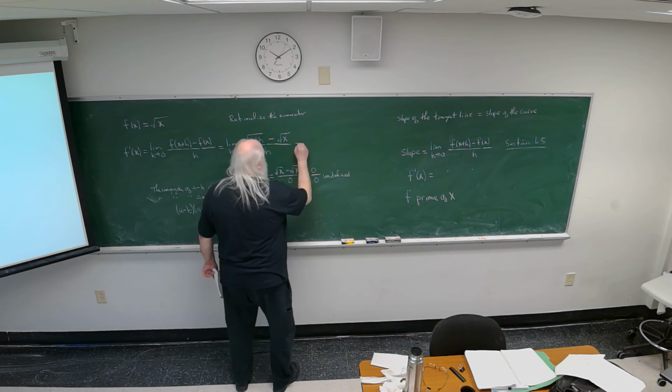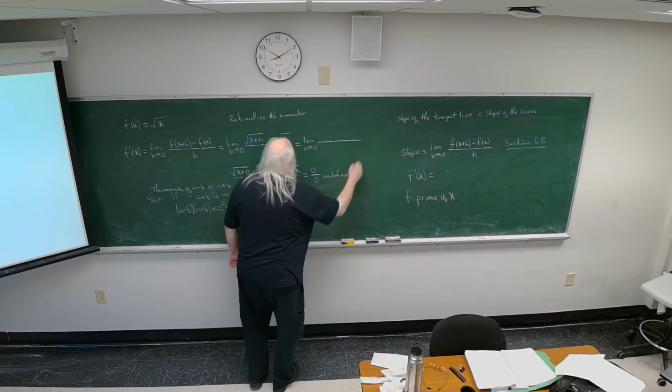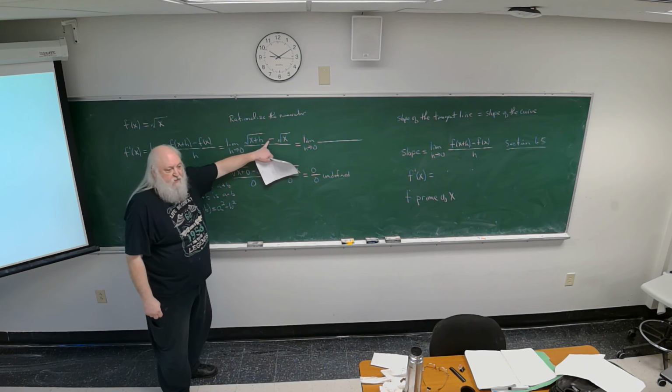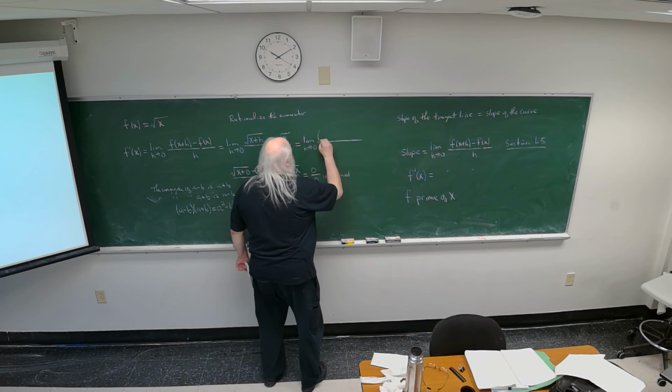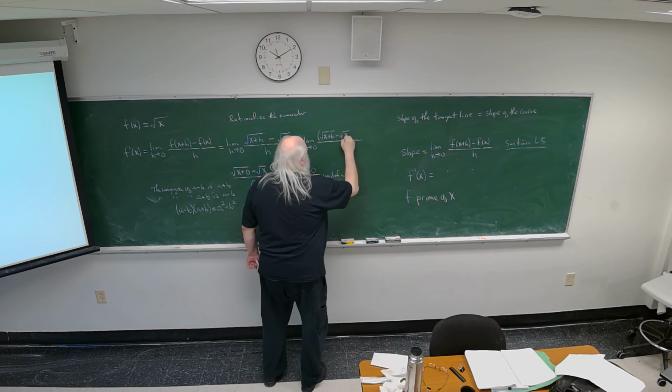So we're going to multiply top and bottom of our difference quotient by the conjugate of the numerator. So we have in parentheses square root of x plus h minus the square root of x.